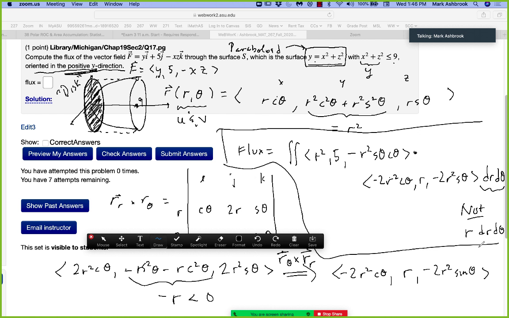So if you did all the work in x and z, and you had this integral, or x and y, and then you want to switch it to polar, then your dx dz would be r dr d theta. But if your parameterization from the beginning is r and theta, then you don't stick an r in there. You just keep it dr d theta.